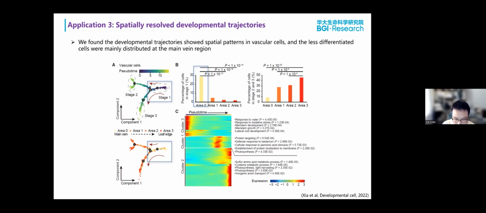Compared to vascular cells in areas 1, 2, and 3, a significantly large number of vascular cells from area 0 were distributed at a relatively early pseudotime stage, suggesting that vascular cells from the main vein region were less differentiated in general.